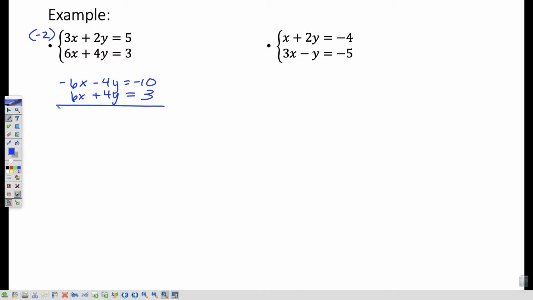Every term of the first one gets multiplied. What does the right side equal? -7. Can 0 equal -7? No. So there is no solution.